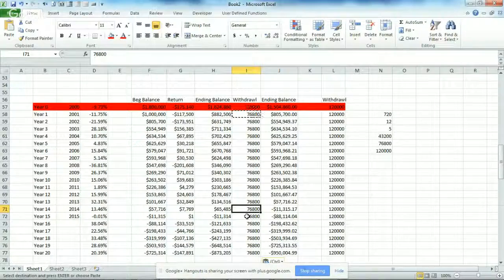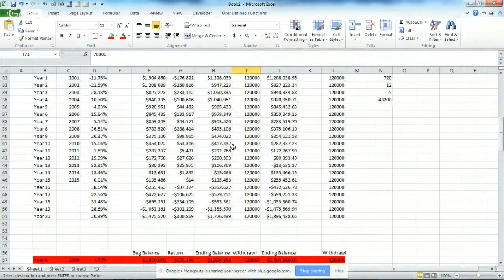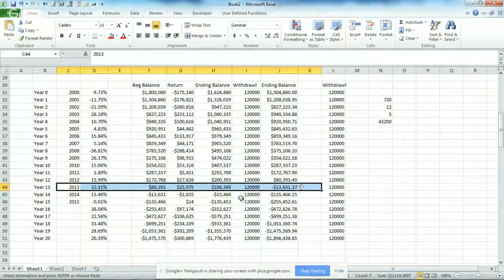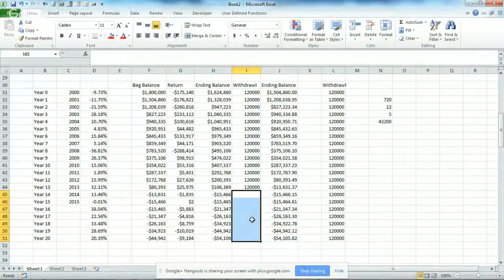But the good thing of doing this, compared to the particular scenario on top, is that once you run out of money in year 2013 here, your portfolio value becomes zero, and then from here on you are not having money at all.